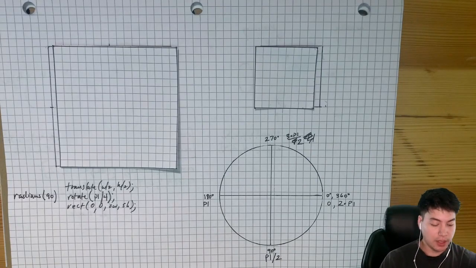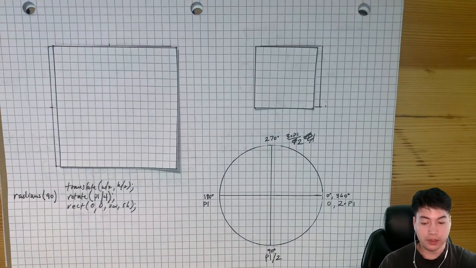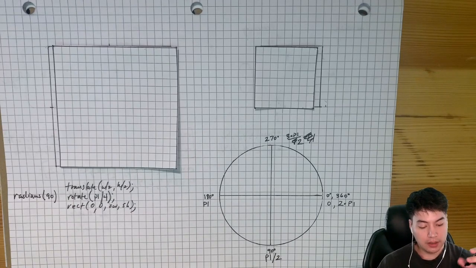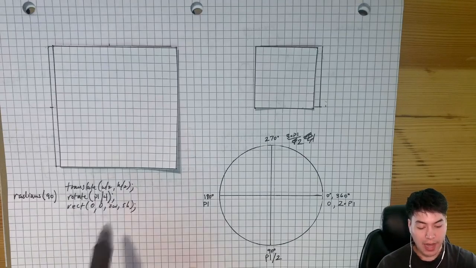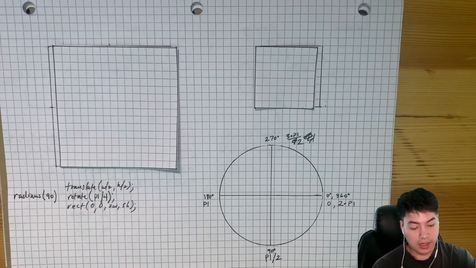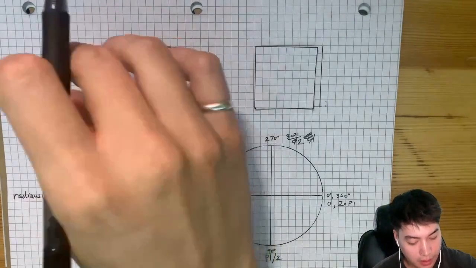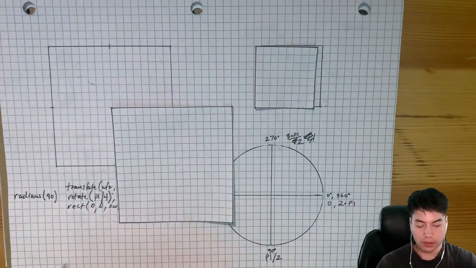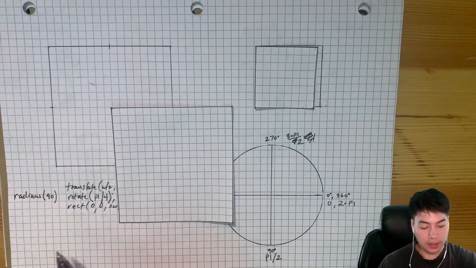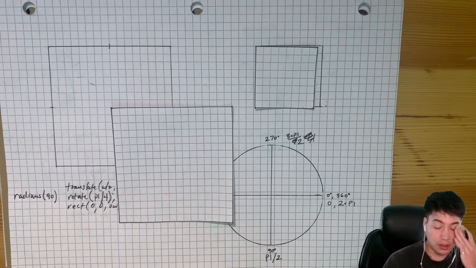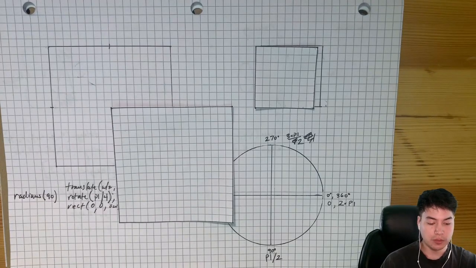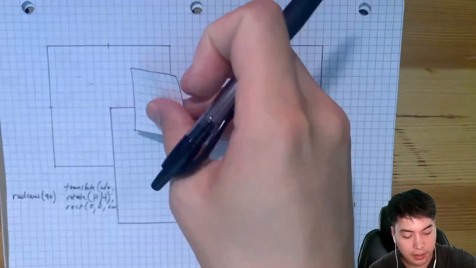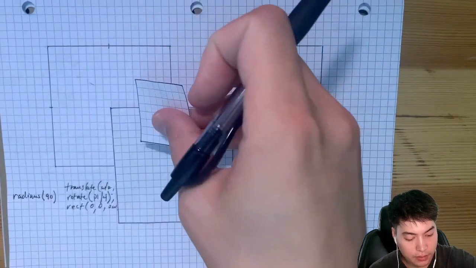Now, hang in here with me. There's one more thing we need to think about when we are using translate and rotate, and that is the sort of additive nature of these functions, right? If I write translate width, height divided by 2, my coordinate system is going to do that. And then I rotate, draw something, and then I go into my code and think, oh, I want to draw another square, but instead of it being in the center, I want it to be at 3/4 of the x-axis and the center of the y-axis, right?